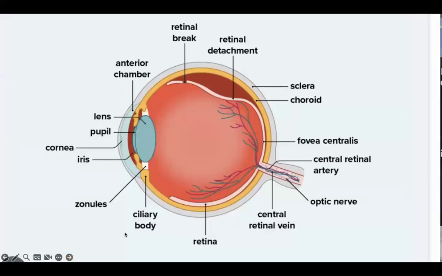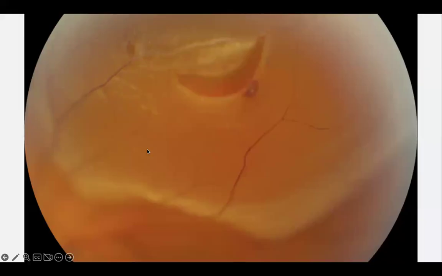Okay, so this picture shows a retinal break here. From that break, the water in the vitreous goes inside and separates the retina from the underlying layers. That's the retinal detachment. And this is an actual picture.